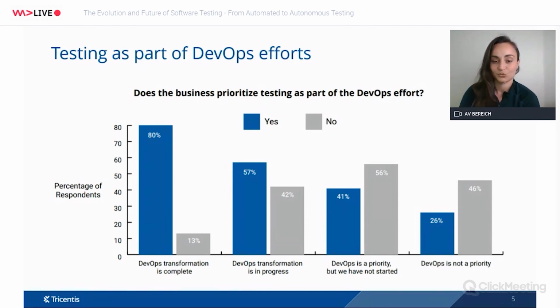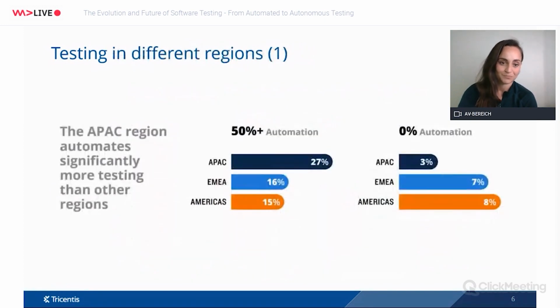Less mature organizations don't focus so much on testing. So there's a correlation between how well your DevOps pipelines are working and how much effort you have put into building a functioning testing pipeline.